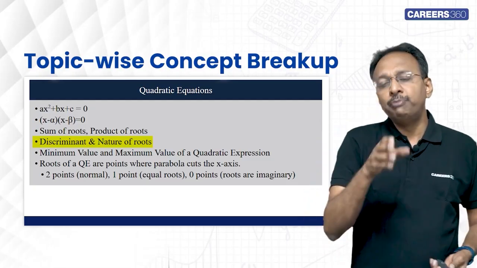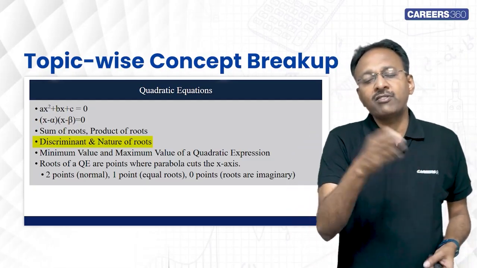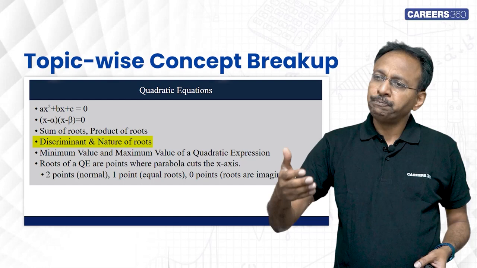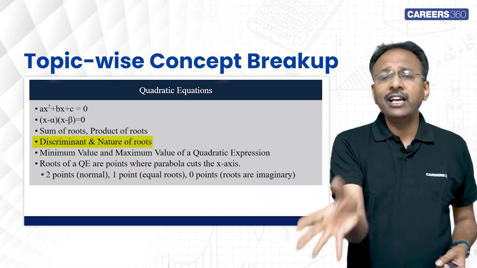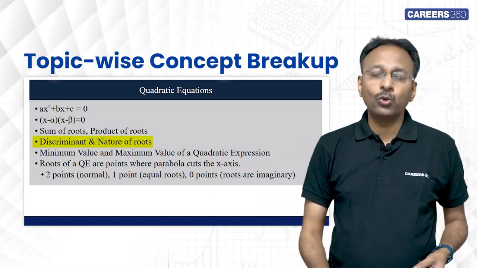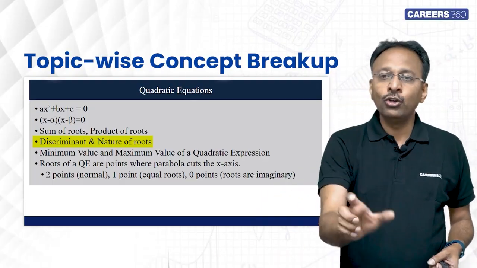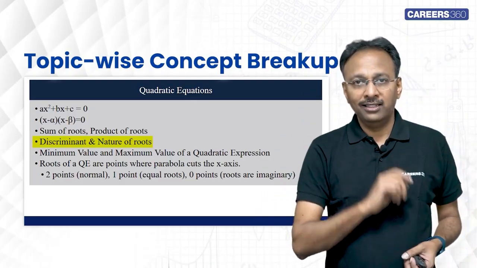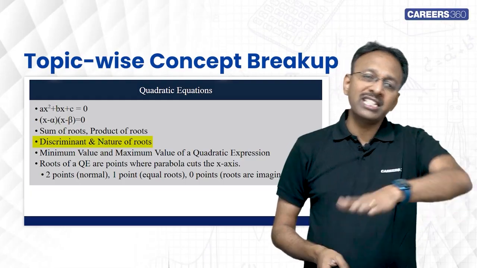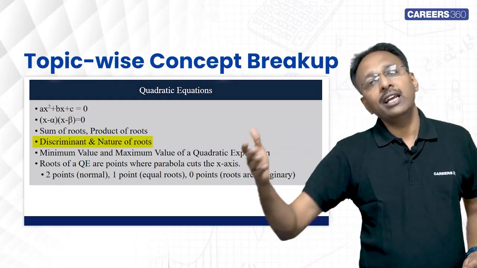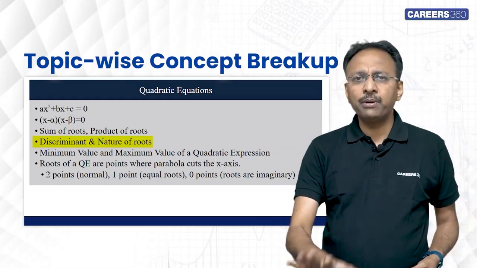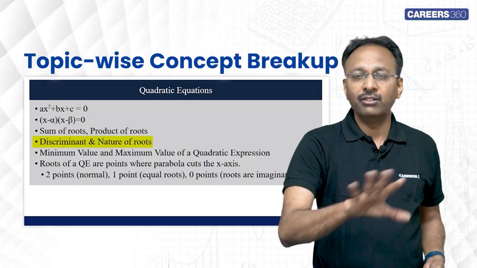So if b square minus 4ac is 0, then you know that both the roots are equal. If b square minus 4ac is greater than 0, you know that the roots are real. And if b square minus 4ac is less than 0, the roots are imaginary. 99% in the CAT exam, you will never get the third one.